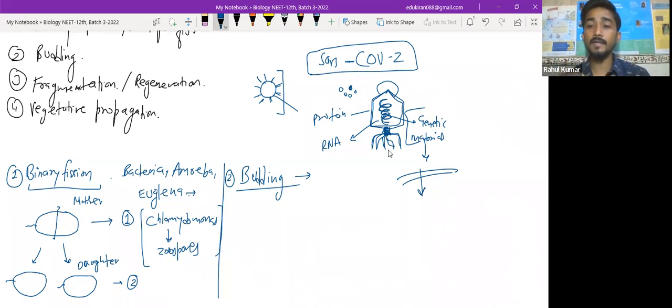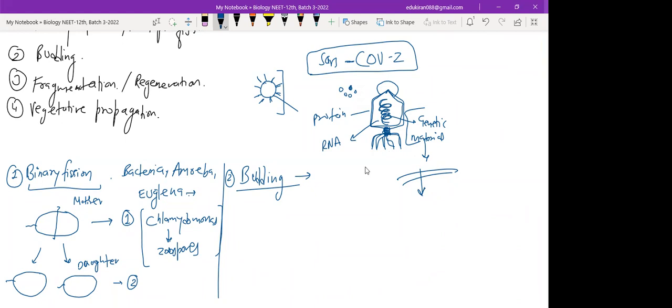What they can always do is bring down the severity of the infection. So if you have immunity against COVID, even if you test positive, you will not die. The chances of you dying of COVID will be less. Okay.